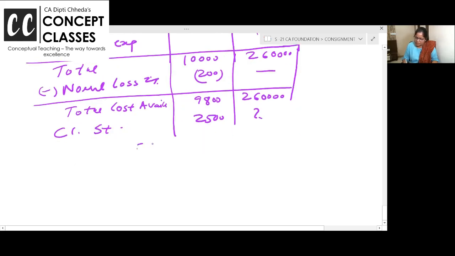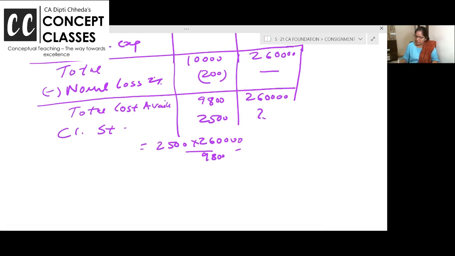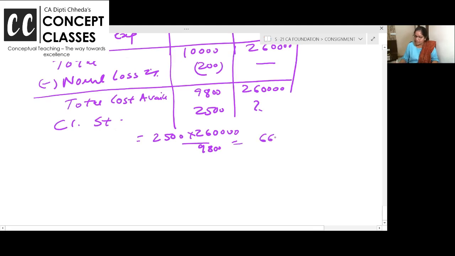Kitna? So 2,500 into 260 divided by 9,800. 66,327.